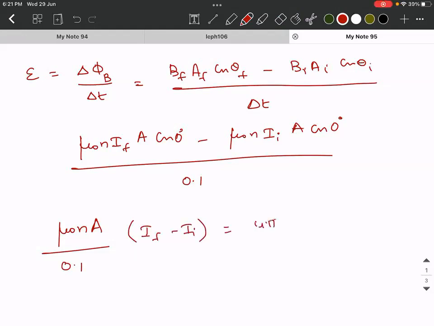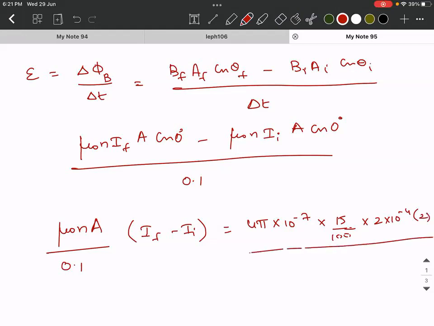So how much is this? 4 pi into 10 power minus 7 into 15 per centimeter, so 15 divided by 100, into area, which is 2 into 10 power minus 4, into I final minus I initial, which is 2.